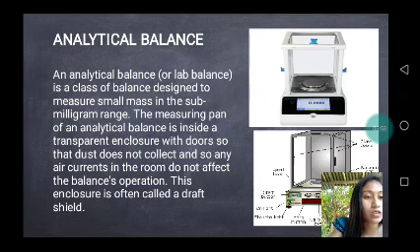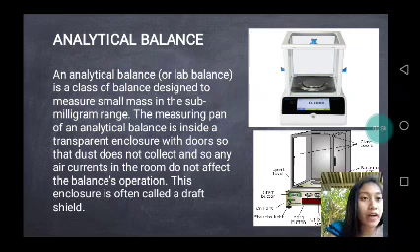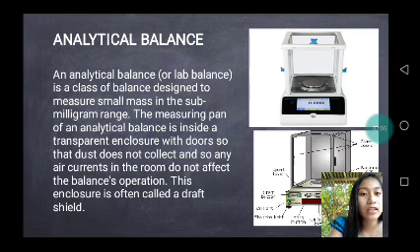As what you have seen in the picture of the parts, this enclosure is often called a draft shield.